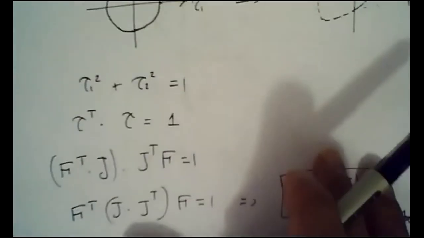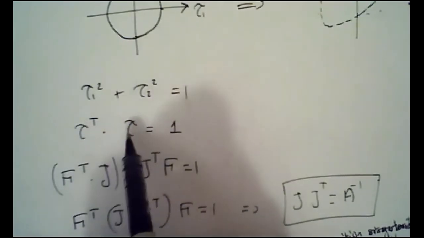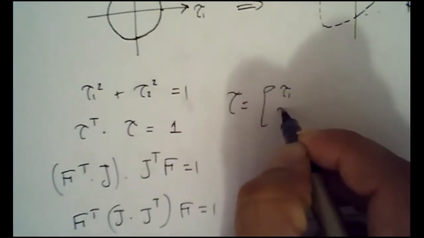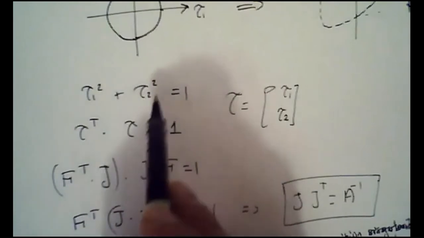The circle is essentially T1 squared plus T2 squared. And I can write that as torque transposed multiplied by torque, where the torque is a vector of T1 and T2. So this gives me that relationship.